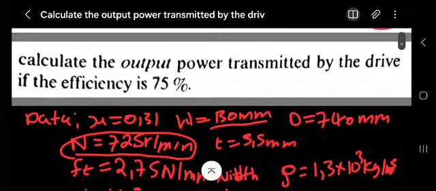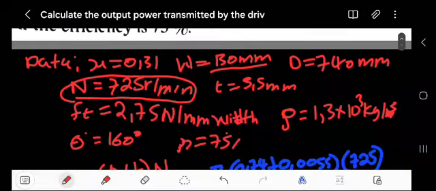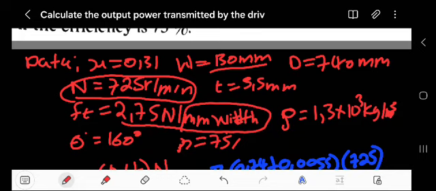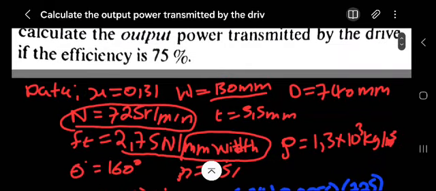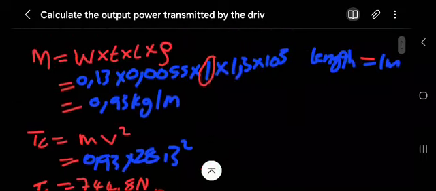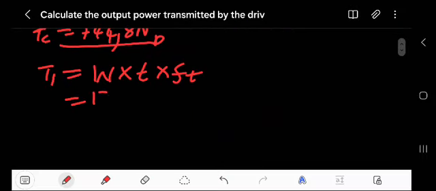Our allowable tension is 2,75 Newton per millimeter width, so we're supposed to use millimeters there. Your width, you put it as it is. Remember, there is 108 millimeter. Substitute everything as it is in millimeters, multiply by the thickness, which was 5.5 millimeter, isn't it? Then multiply by 2,75.